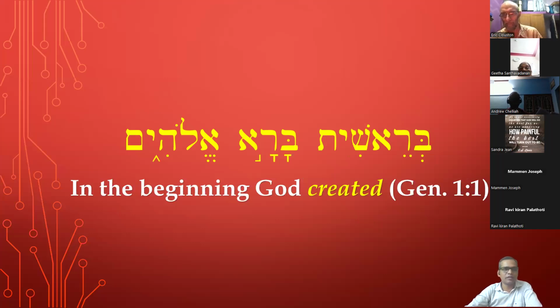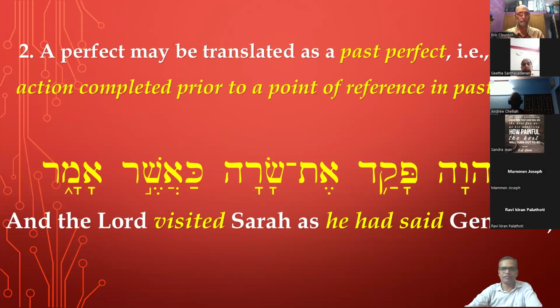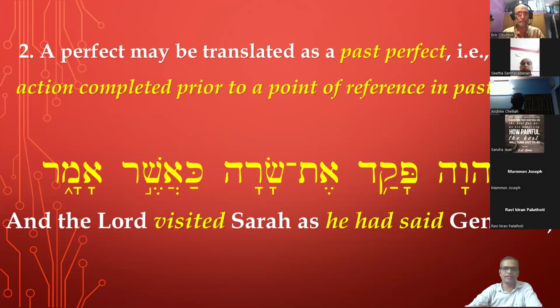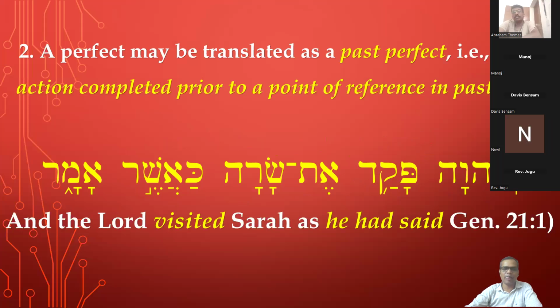Okay, so Bereshit bara Elohim et hashamayim ve'et ha'arets. That is the full phrase. Okay, very good. So friends, now the second way of translating the perfect tense is that a perfect may be translated as past perfect. When I say past perfect, it is an action completed prior to a point of reference in the past time.